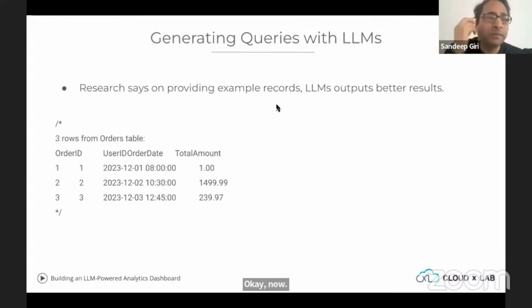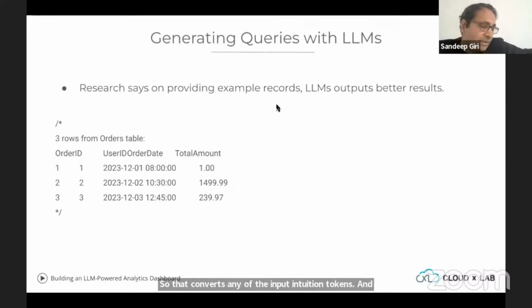People have come up with something called the tiktoken API, which converts any input into tokens. Usually a token is maybe two to three letters. The token limit of OpenAI is, I think, 10,000 tokens, so you cannot have a prompt bigger than that.